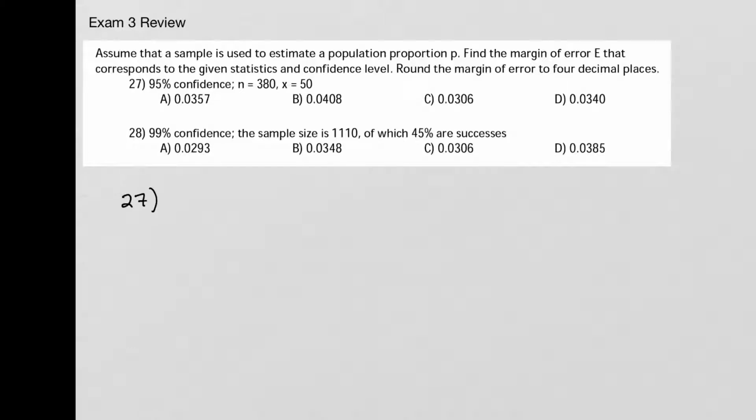And in order to do this, since we're finding a margin of error that comes from the confidence interval for a population proportion P, that means that I'm going to use 1 prop Z interval. And we can do that by pressing Stat and then going to the test menu.